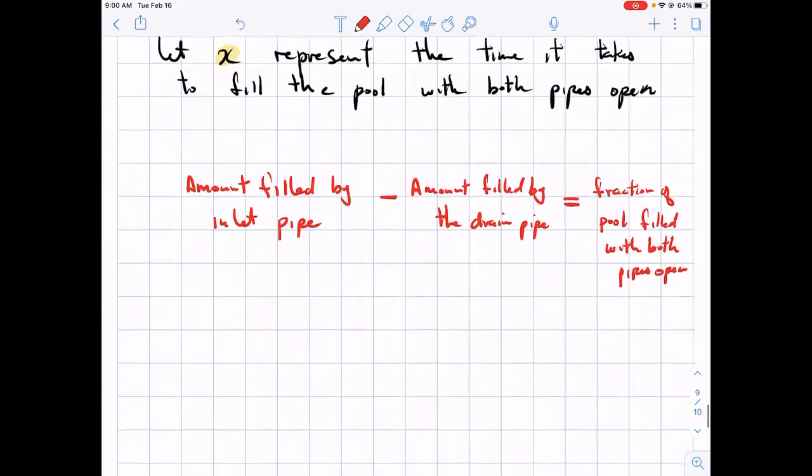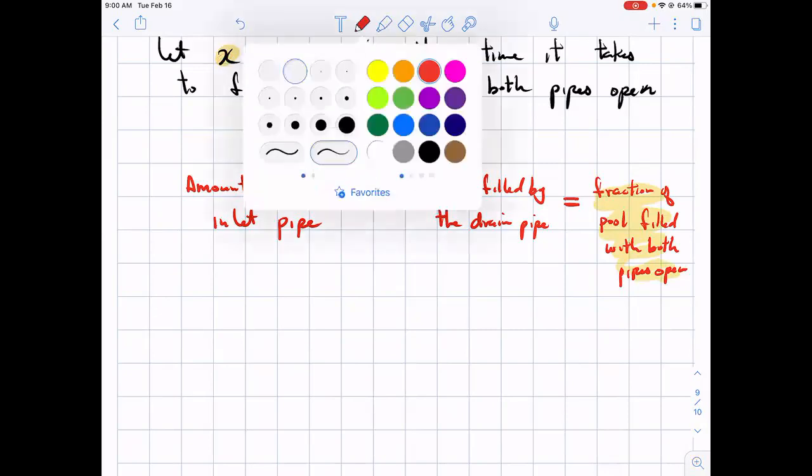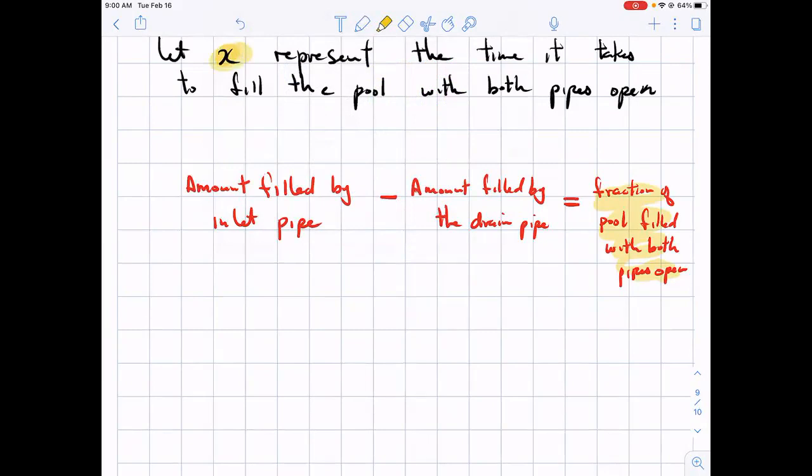Now, we don't know this here. This is an unknown, right? That's just X we said. Because X represents the time it takes the pool to fill with both pipes open.